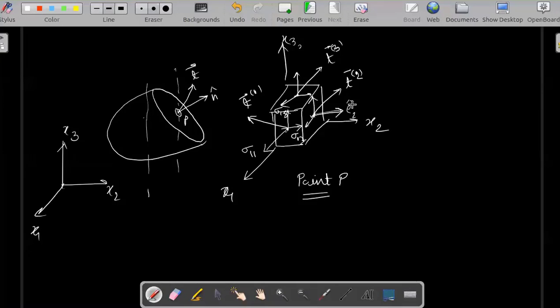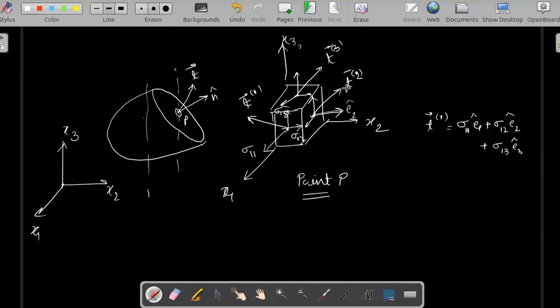Similarly, we can have T2, T3, and so on. So can I write this T1 vector as sigma 11 E1 plus sigma 12 E2 plus sigma 13 E3.